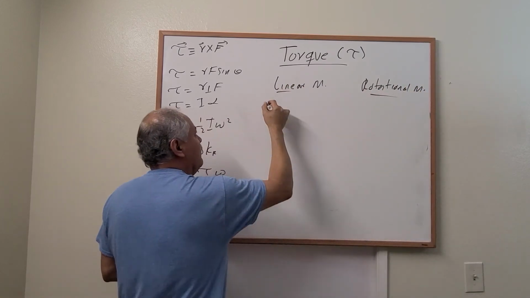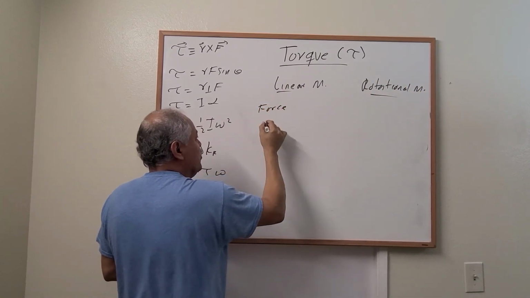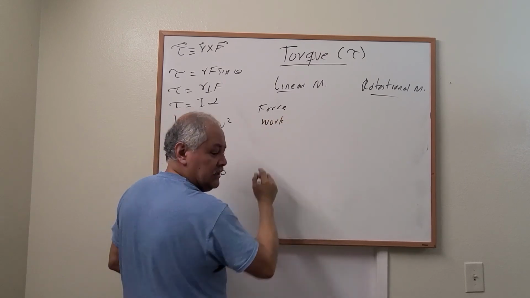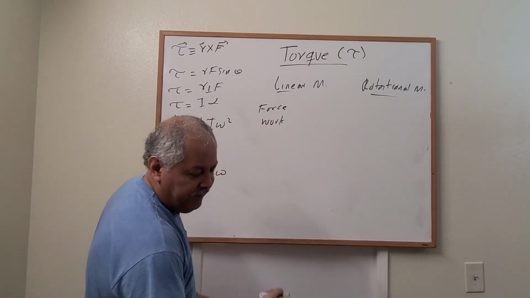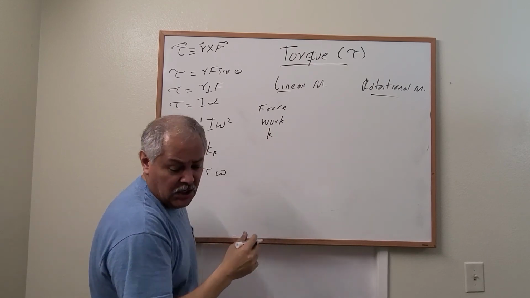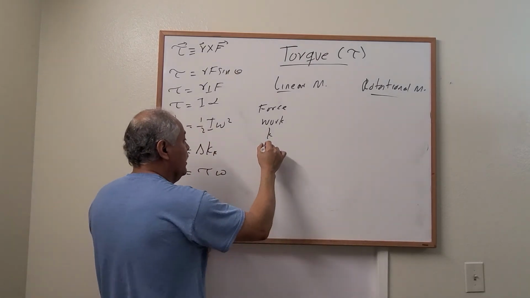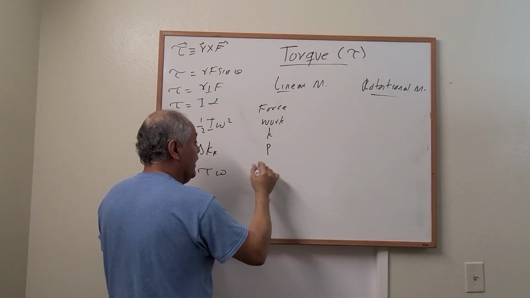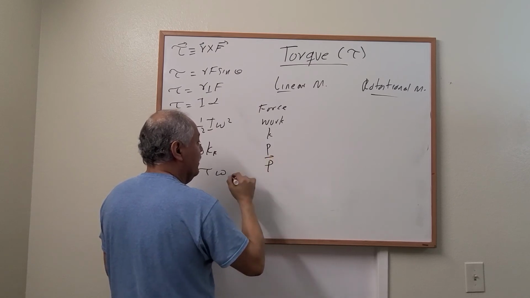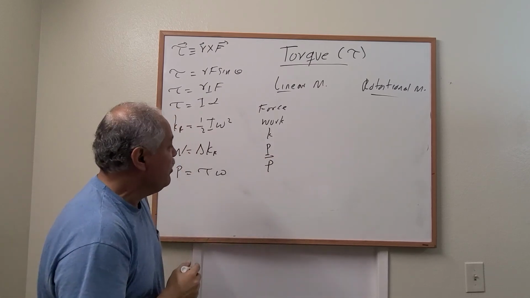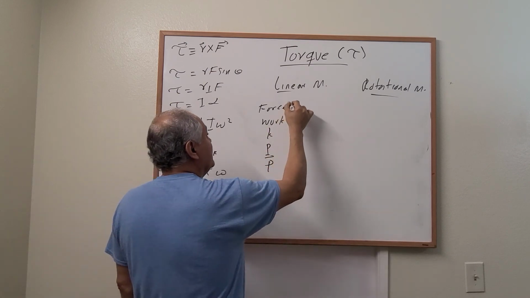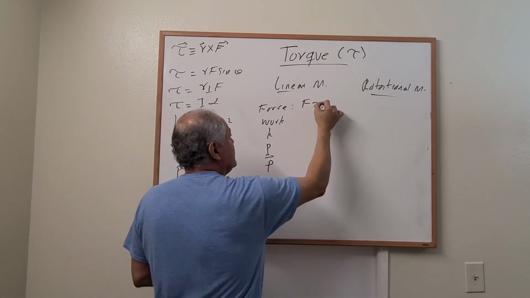In the linear motion we have force, work, kinetic energy, power, and the linear momentum. For force, remember, force equals ma.